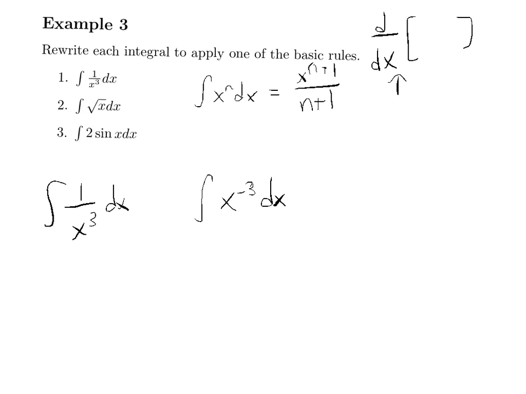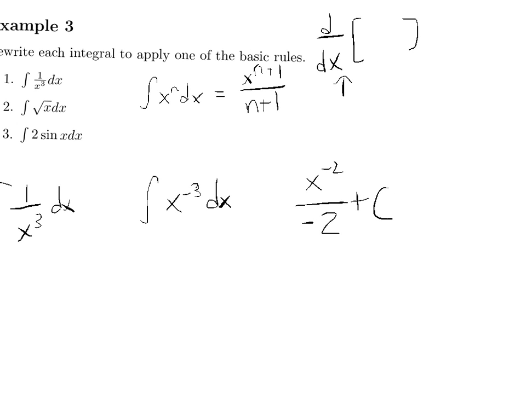Perfect. Okay, so in this case, once we integrate, we'll get x to the negative 3 plus 1. What's negative 3 plus 1? Negative 2 divided by negative 2 again on bottom. And then we always have to have our plus c, our constant of integration.